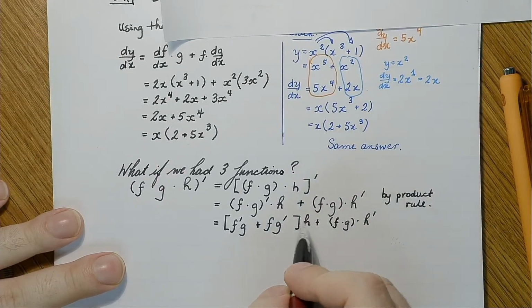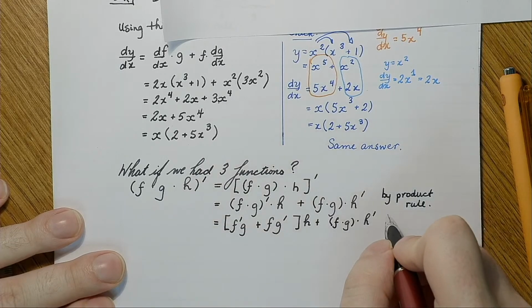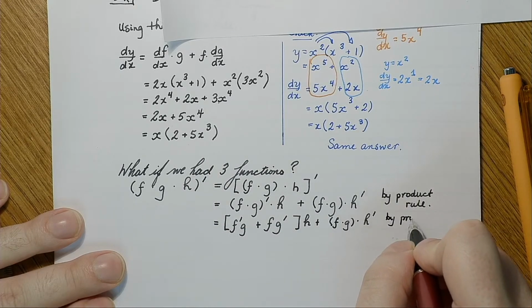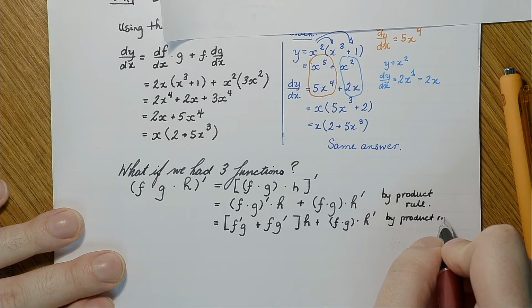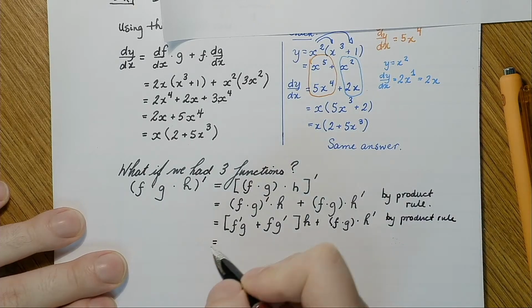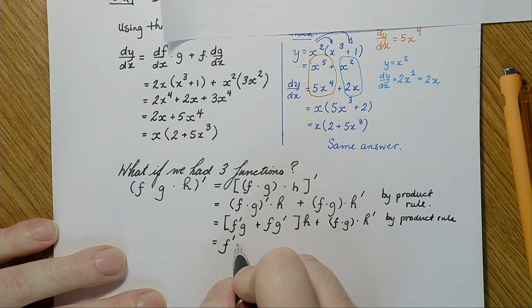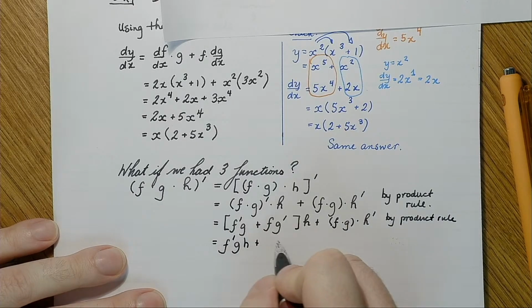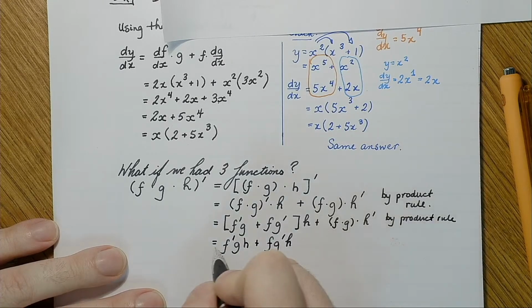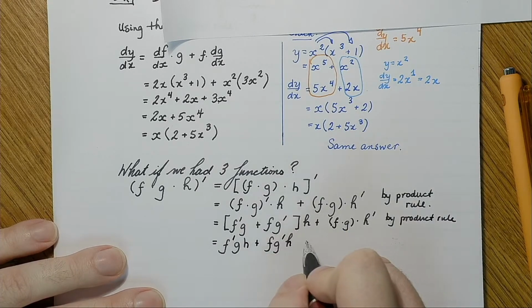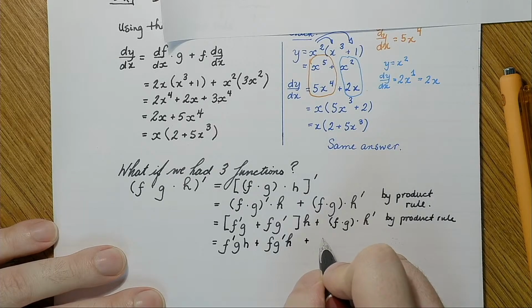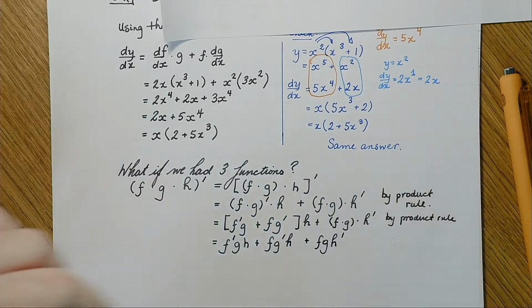And this is all being multiplied by h, so expanding that out. So that's by the product rule. So I've just expanded out my h here, and then I'm left with the f, g, h prime here.